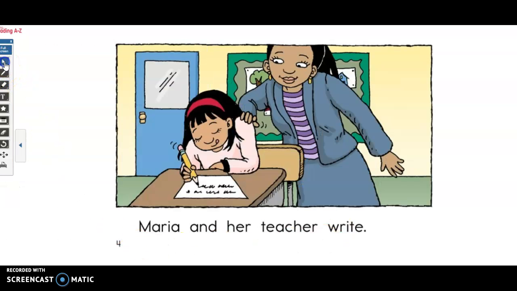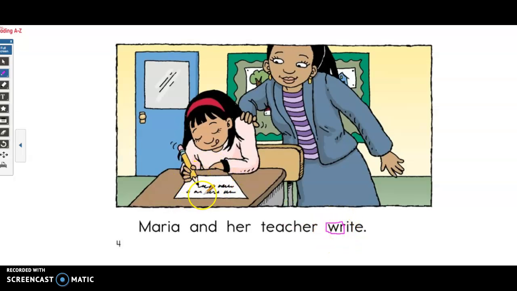Let's try the next one. Let's see if you can figure it out. I see Maria and her teacher. Ooh, this is kind of tricky because when W and R are together like that, they don't make the W sound. They actually just make the sound like R. So it would be Maria and her teacher.